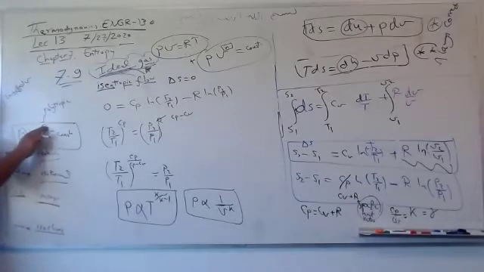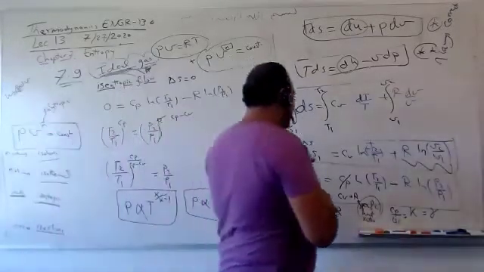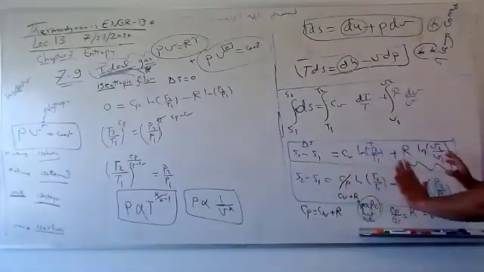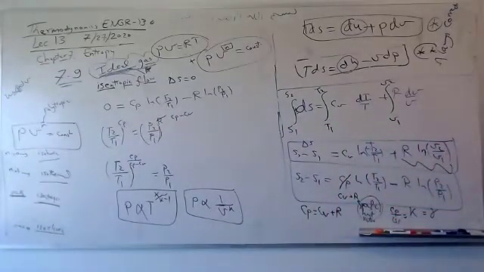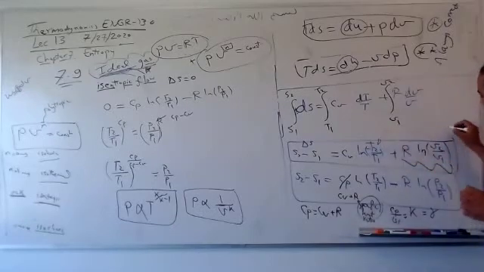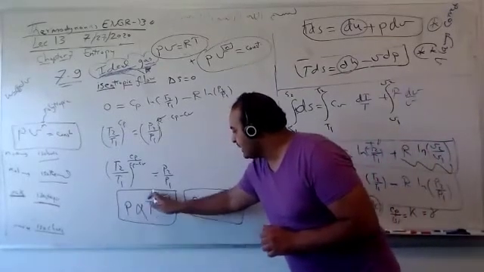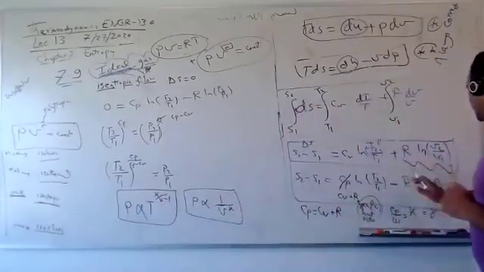P V to the K equals constant. It means that if you come to this formulation and put some temperatures and volumes, let's talk about this one, P T to the K over K minus 1, which is this equation.